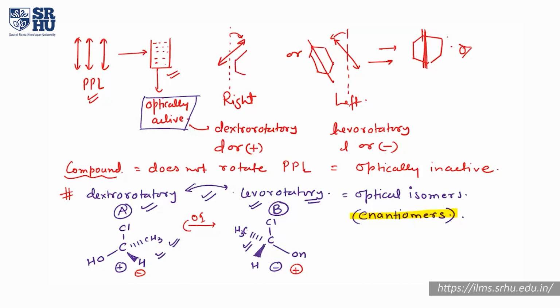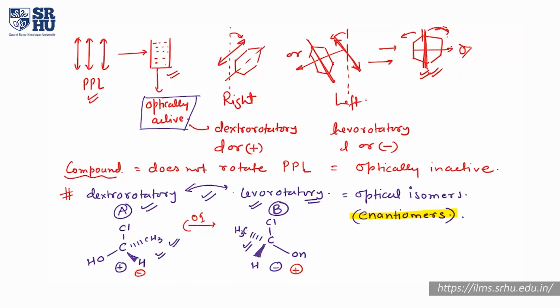So you have to rotate this prism either towards left or towards right, depending upon whether the compound is dextrorotatory or levorotatory. You have to rotate it in such a way that the axis of the Nicol prism becomes parallel to the plane polarized light, because only in that case the light can pass through the prism and reach your eyes, and only then will you be able to see the light.